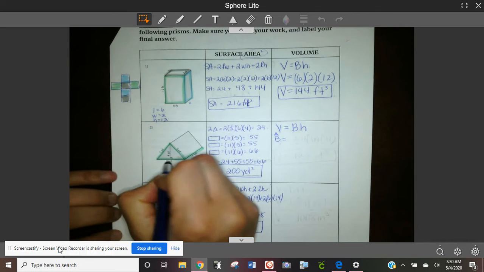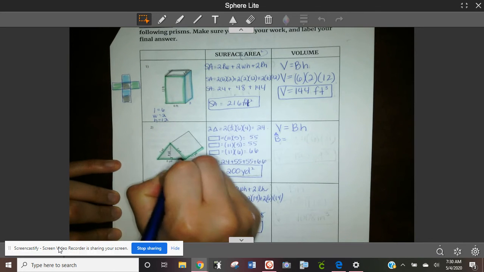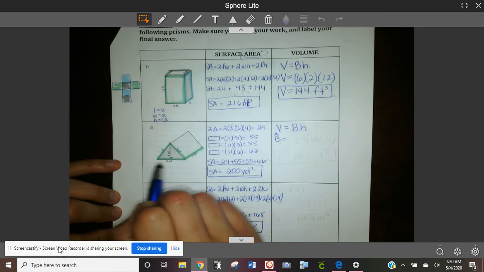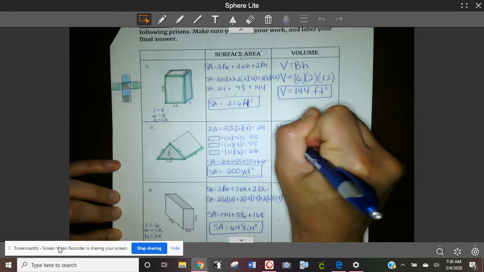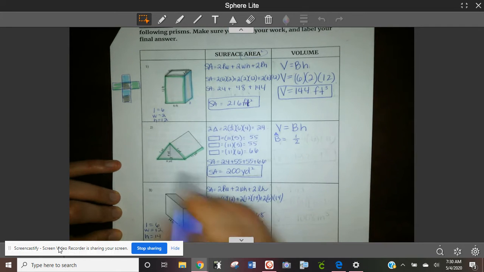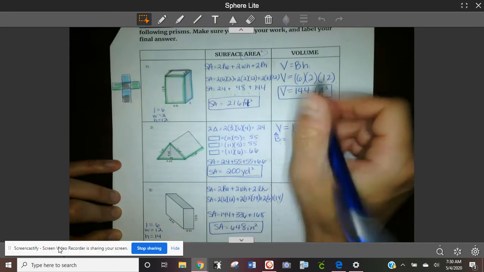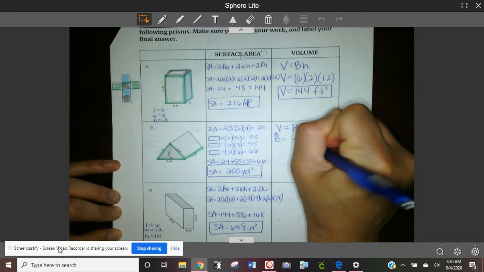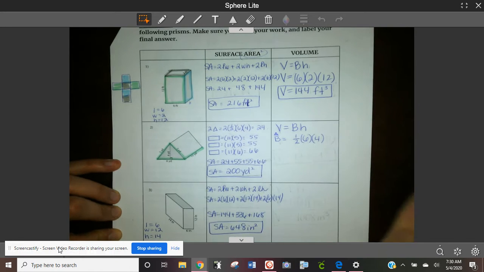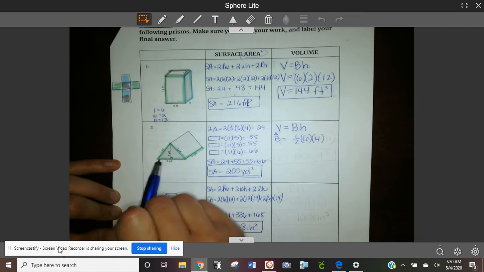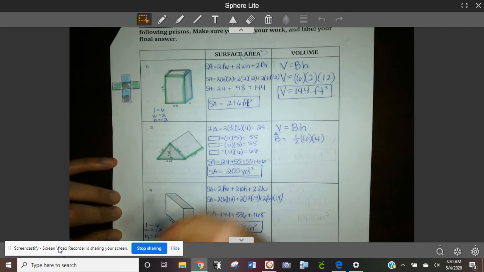Okay, so when we find the area of our triangle, we always have to put our 1/2, okay? And then we're going to do our base, which is 6, and our height, which is 4. Now, I mentioned this last week, but you guys have to be careful when you are finding the area of a triangle.